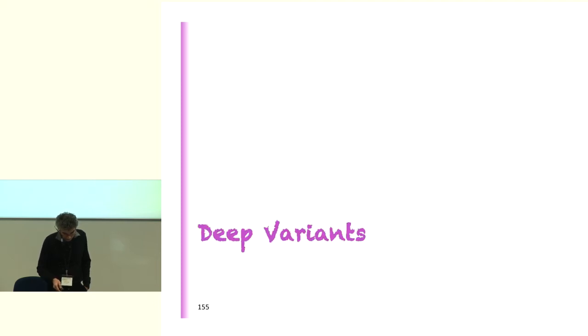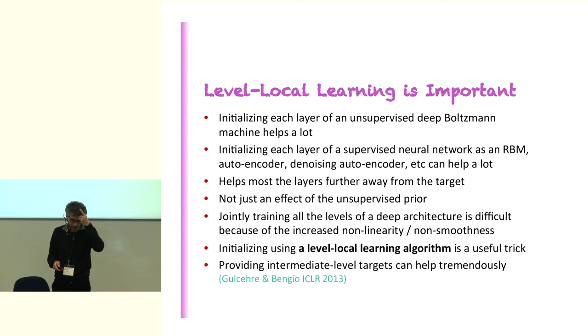All right. So now we've talked about these single layer learners, and they can be combined in various ways to build deeper nets. I've already introduced some simple ways, but there are other ways. What are reasons why these single layer learners are interesting? We've seen that we can initialize deeper nets with them.